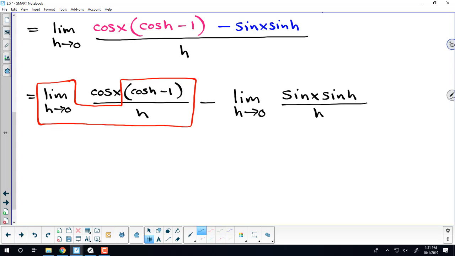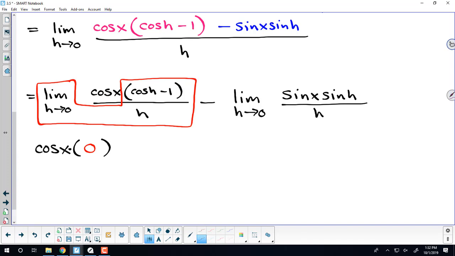And notice the limit as h goes to 0 doesn't affect the cosine x, because it's just h operating. Anything like x or y or w, anything that does not involve an h is a constant. And so this cosine is really out front. So it's still a cosine of x. That limit, according to the theorem, is 0.